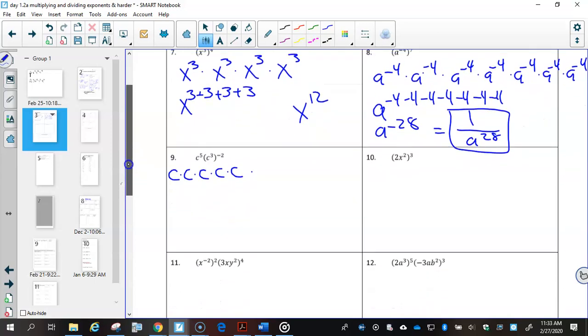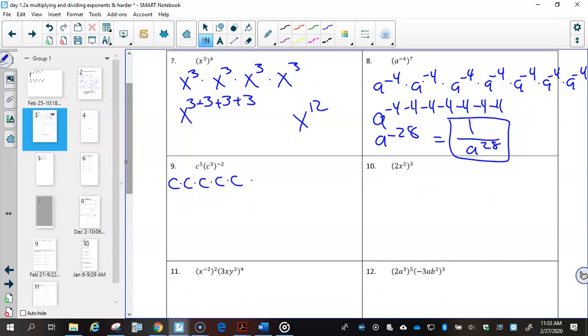Because we don't have the exponents before, I'm going to write this like this. 1 over c to the 3rd squared would be the same thing as c to the 3rd to the negative 2.